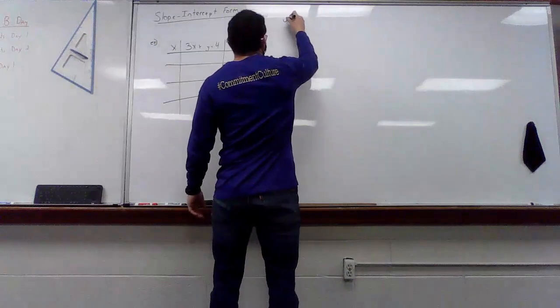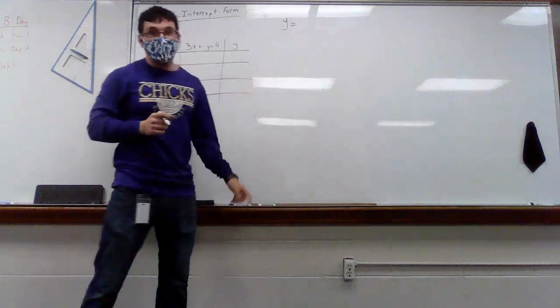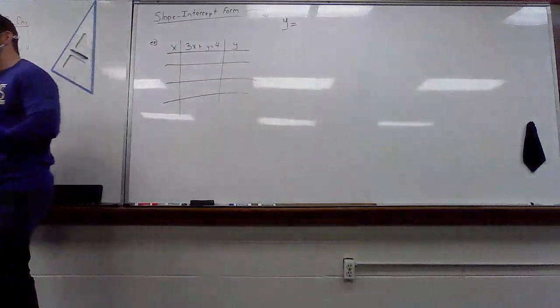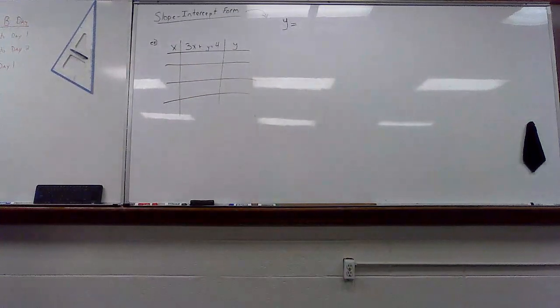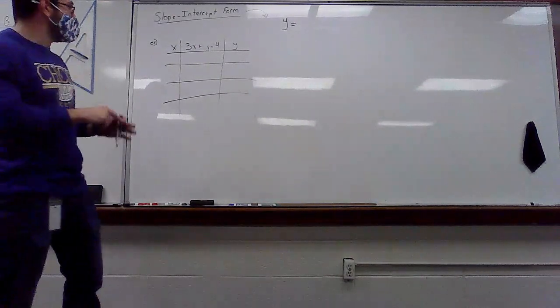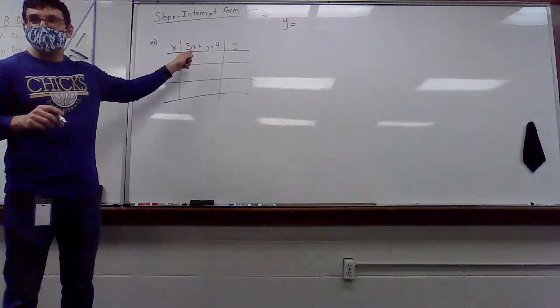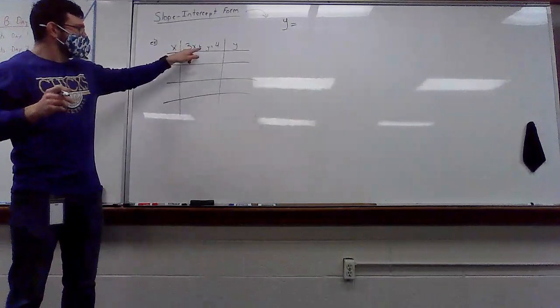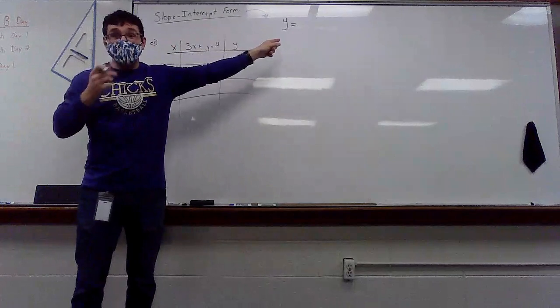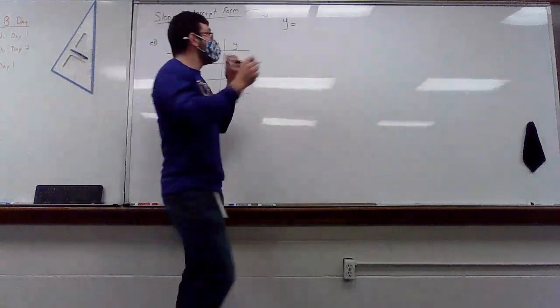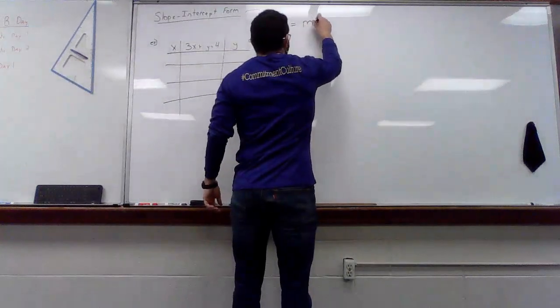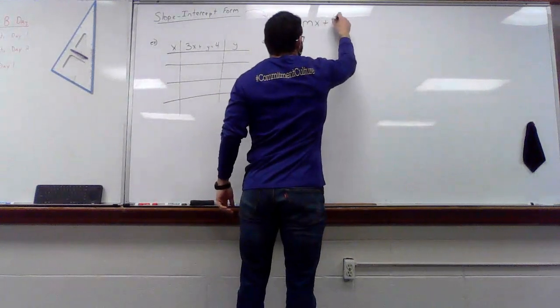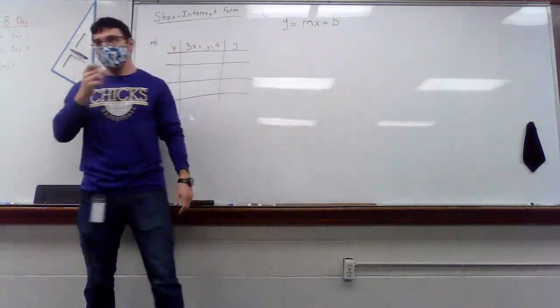Slope-intercept form is in the form of y equals. Notice, we've isolated the y. That means we have solved for y. Is y by itself in this one? No, because we've got 3x plus y equals 4. We've got 3x and y on the same side. Slope-intercept form, we just want y. y equals mx plus b.